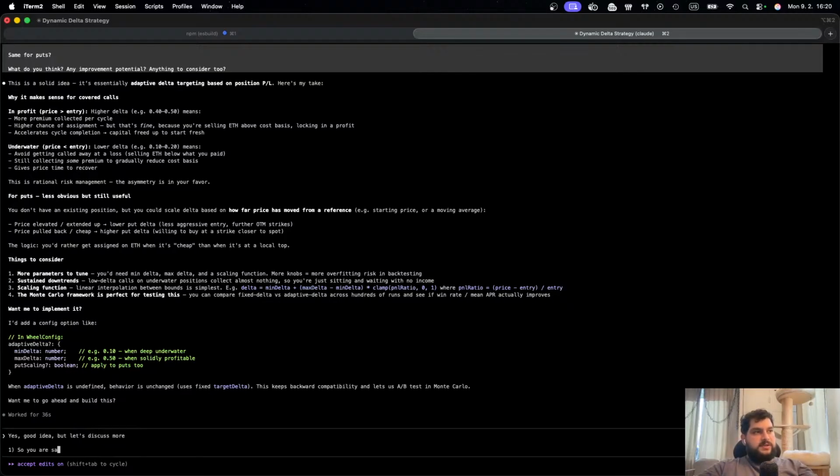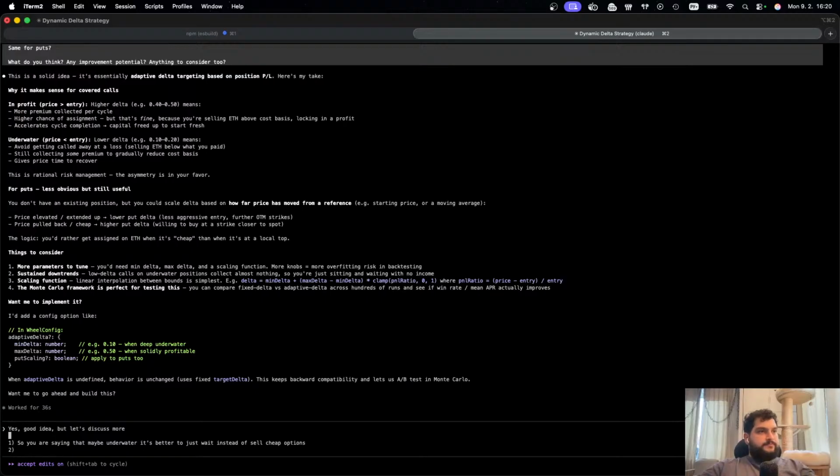So you are saying that maybe underwater it's better to just wait instead of selling cheap options. If so, is there a way to somehow calculate this? Also, a second one was about puts.